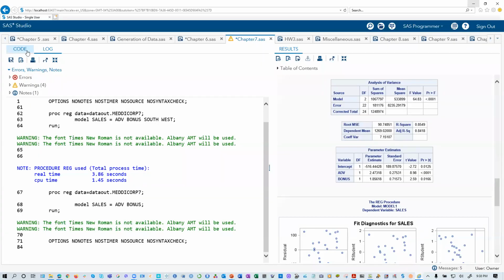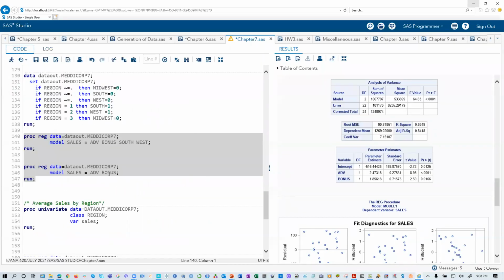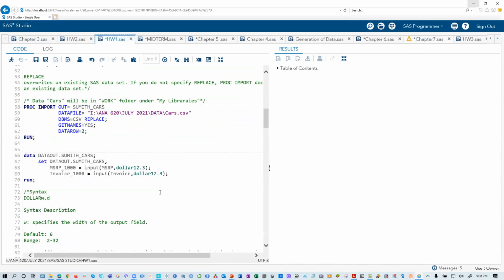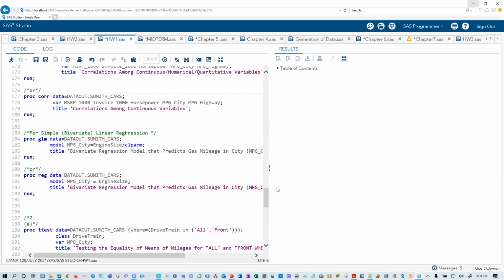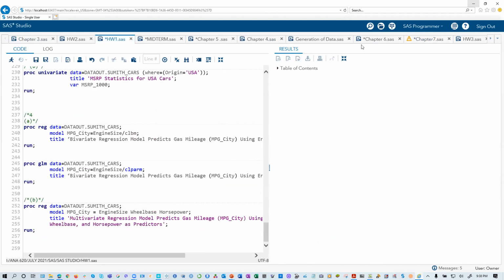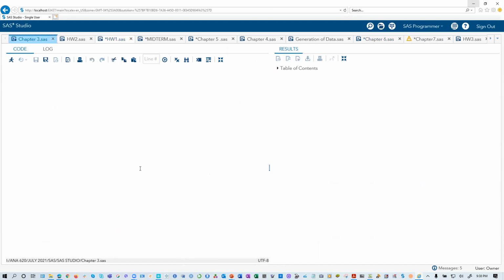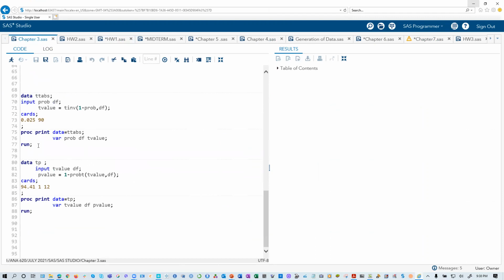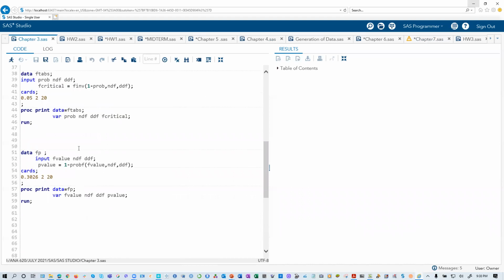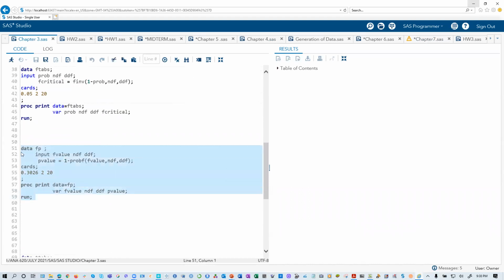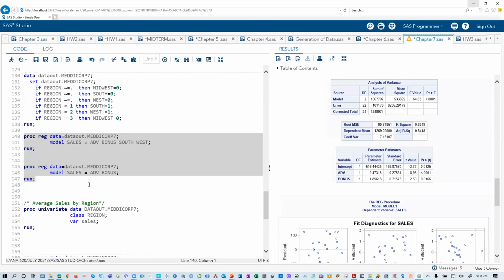How are you going to find the p-value? We have a way to find that. Let's go to chapter 7 here.